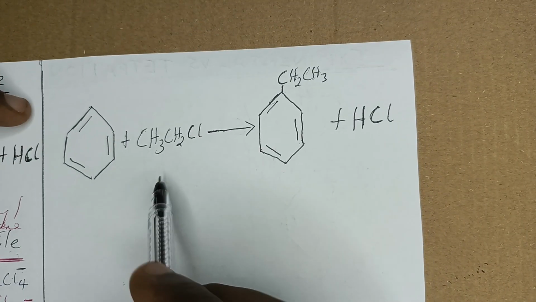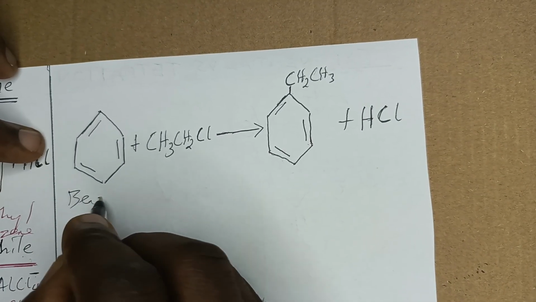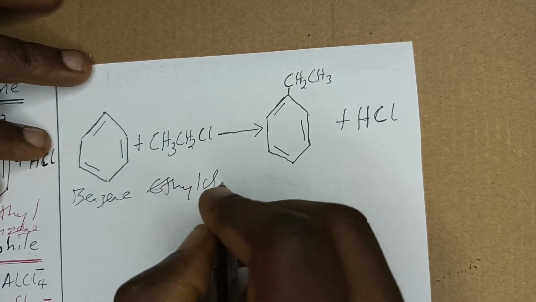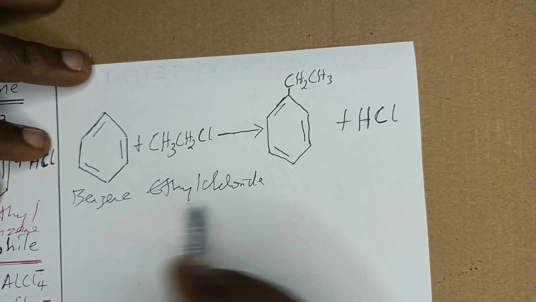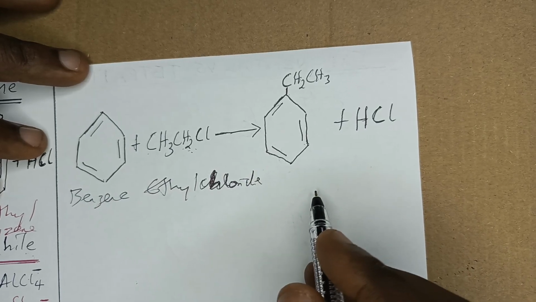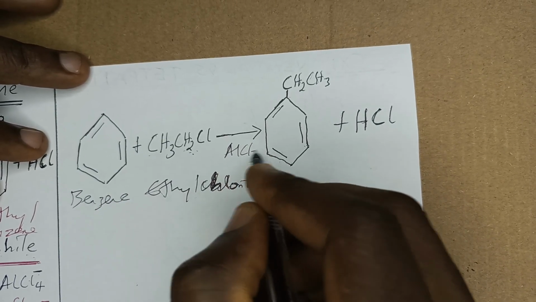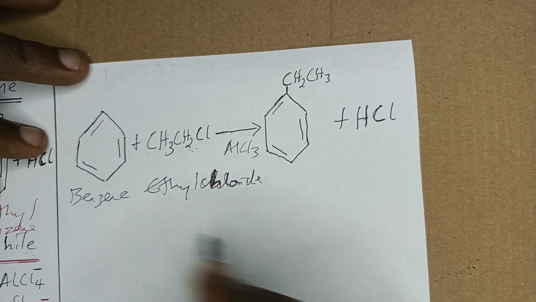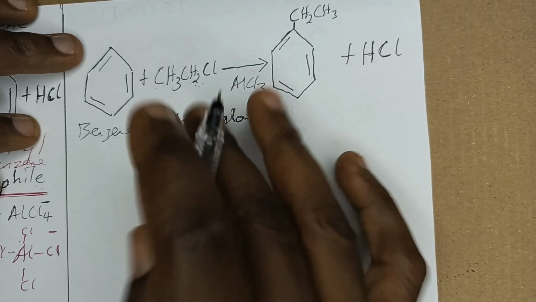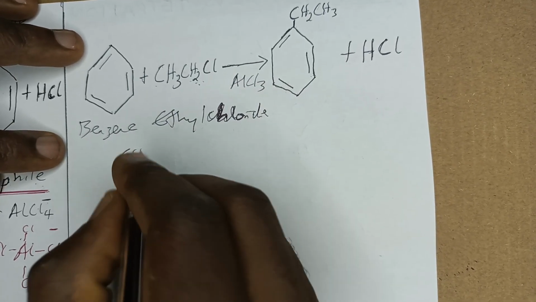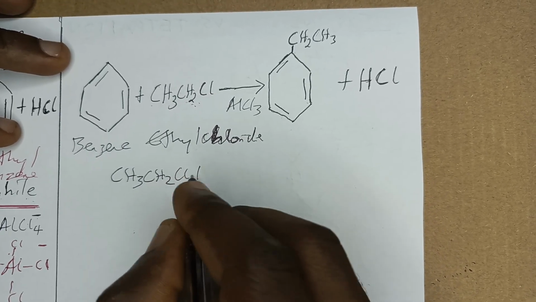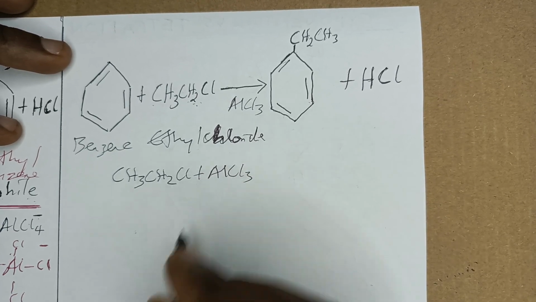At this end now, this is also benzene. This is called ethyl chloride. This is CH3CH2Cl. It follows the same mechanism in the presence of aluminum chloride. As usual, going by the mechanism, I will be very fast now because this is a repetition. It means CH3CH2Cl plus AlCl3.